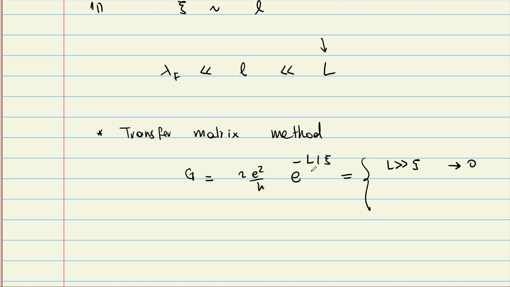And in the case of a very small sample, if L is very small, this is going to go like L over xi, right? I expand this, and this maps to the Landauer formula. You can search this, and if I have time, I may show how to do that calculation at some point.